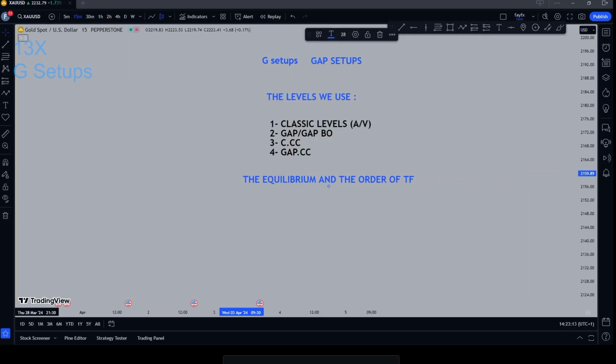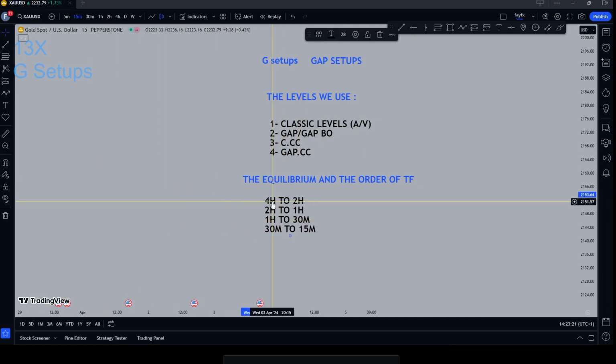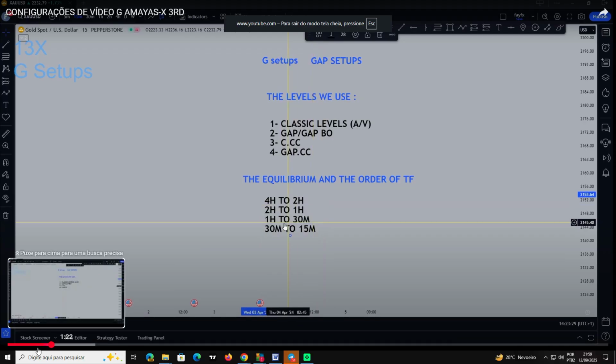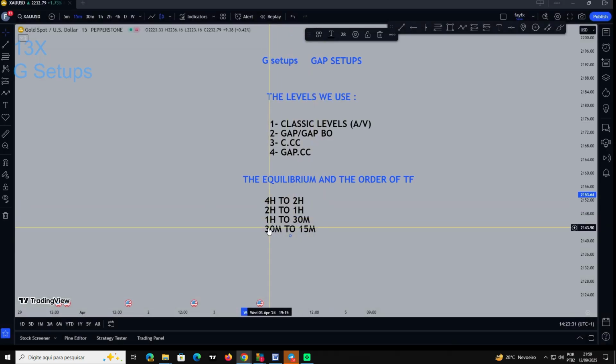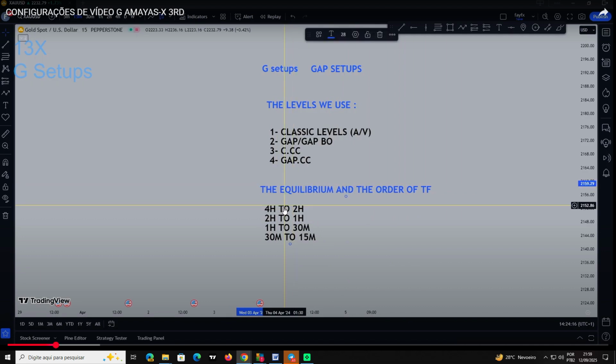The way we use time frames is like this: X time frame, one time frame below, 4 hours, 2 hours, 2 hours to 1 hour, or 1 hour to 15 minutes, and 15 minutes to 15 minutes.